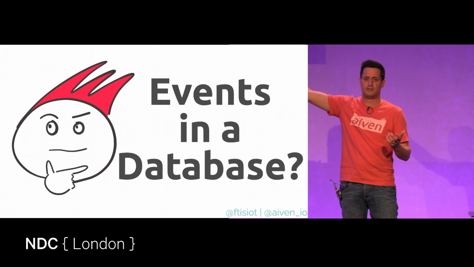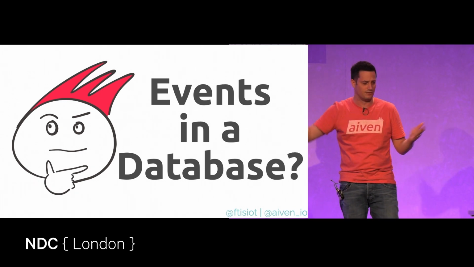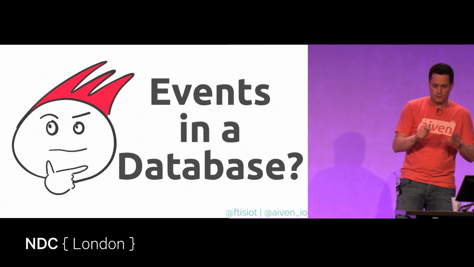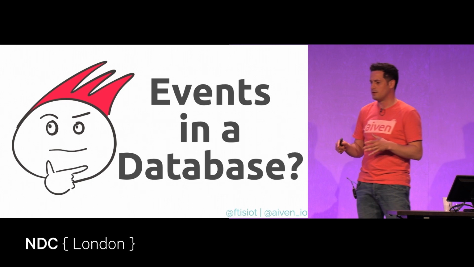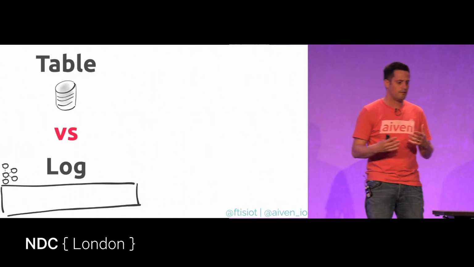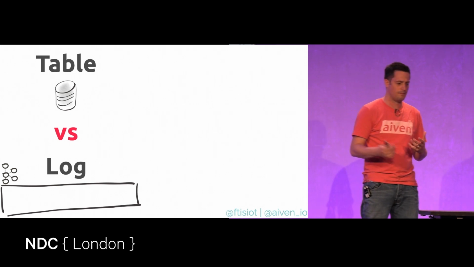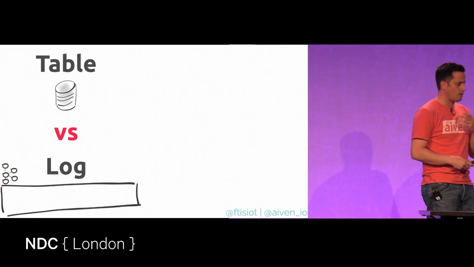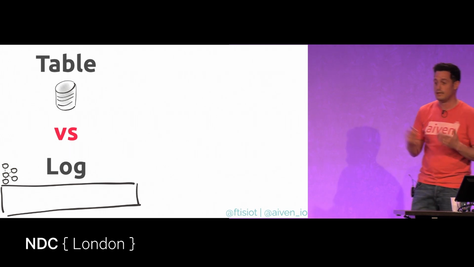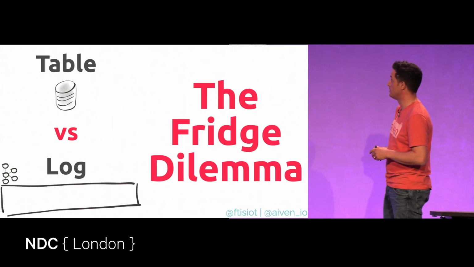But what are events in a database? I don't really know. Let's try to discover it. In order to understand this, we need to understand the difference between a table-based approach to storing data versus a log-based approach to storing data. This is usually called the table versus log, or table versus stream duality, and is what I call the fridge dilemma.